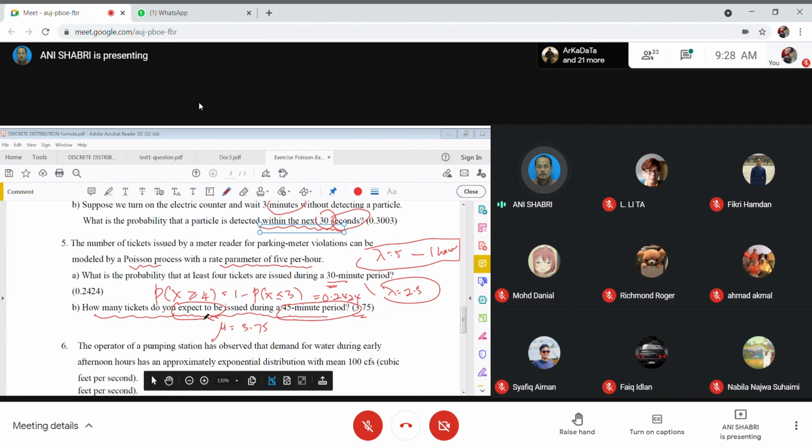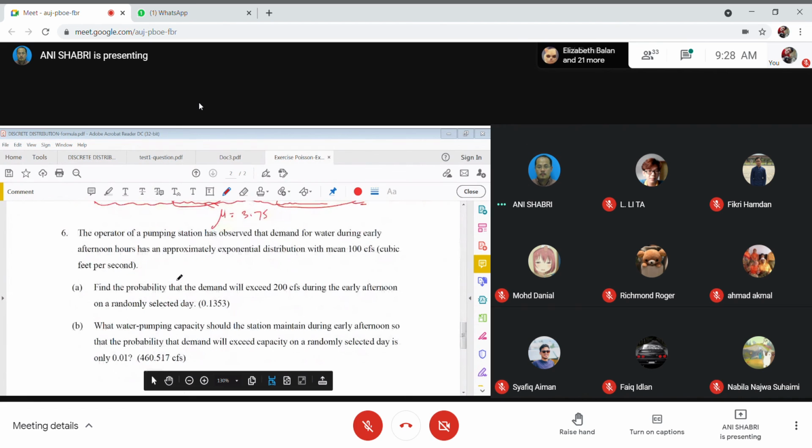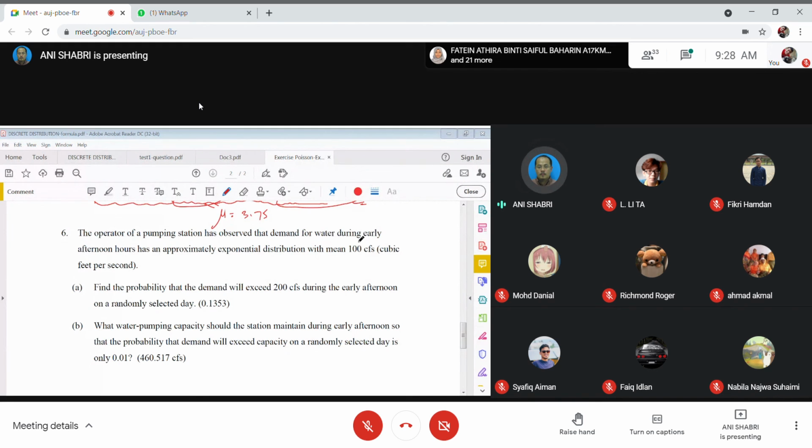Okay, number 6. The operator of the pumping station has observed that demand for water during early afternoon has approximately an exponential distribution with mean 100 CFS. CFS means cubic feet per second.